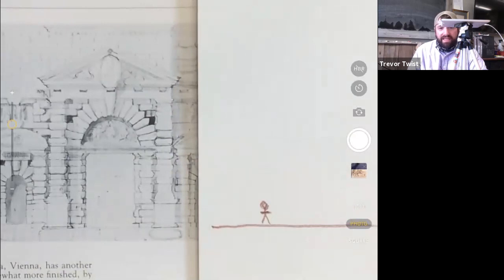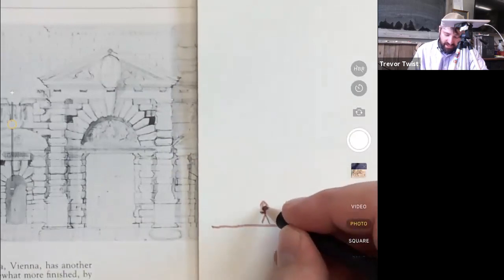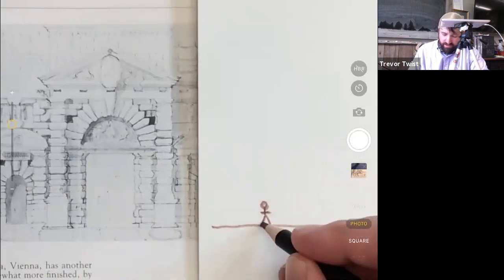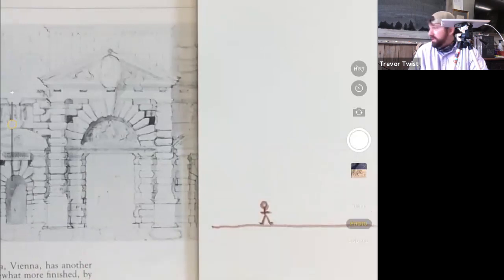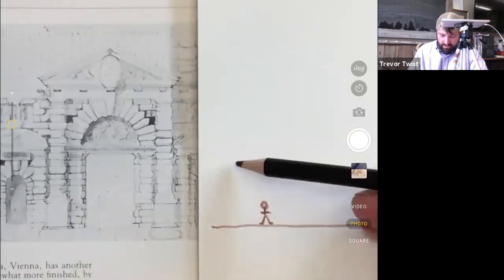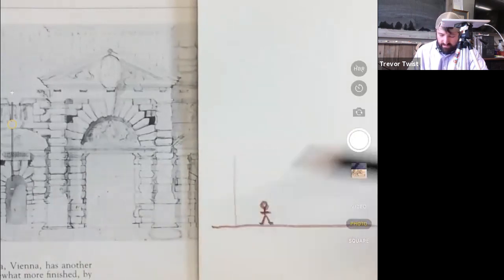All right. So what we need to do is, this is my stick figure. This is my version of a stick figure. We're trying to get a man on the ground. When I say a man, I mean a human. And what we're trying to do is build a space around him.